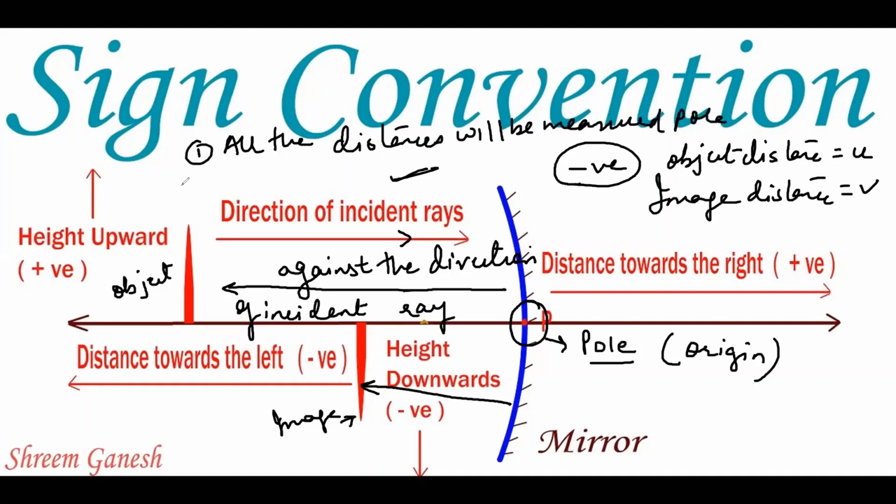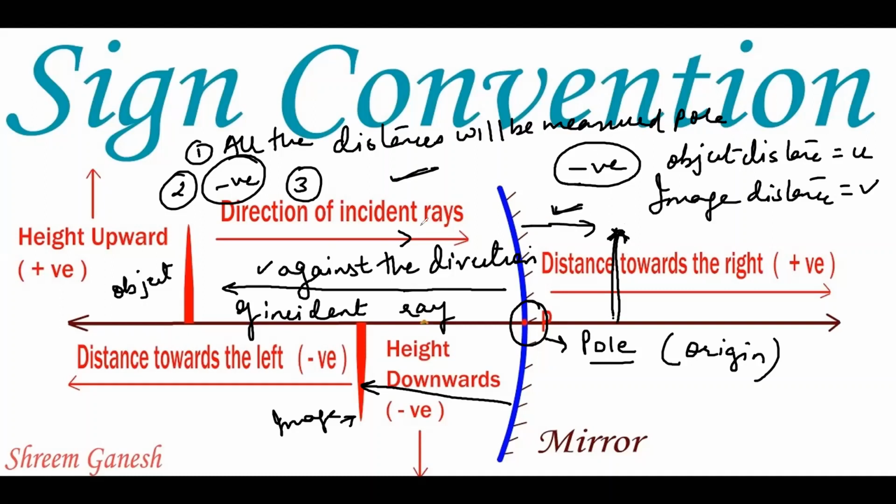Second point is any distance which you are coming against incident ray will be negative. Third point is any distance which you are going in favor of incident ray. Suppose here your virtual and erect image forms. To get this image distance, you have to go in this way.